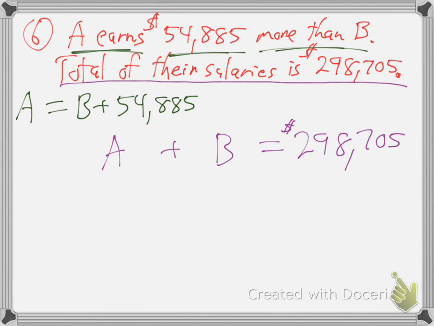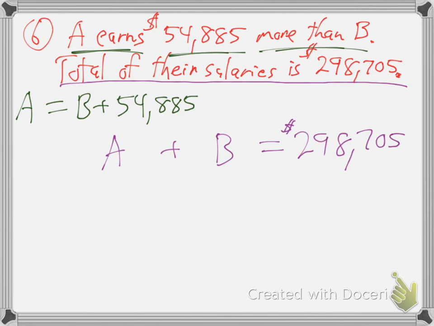Does everybody agree with those two statements? I basically directly handled the two sentences. The first sentence, A earns 54,885 more than B, so A is B add 54,885. Second one, the total of the two, A and B, add up to equal the 298 number.